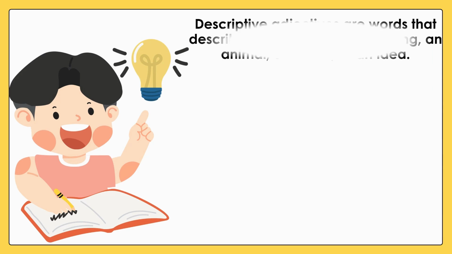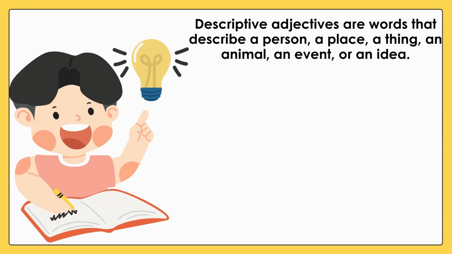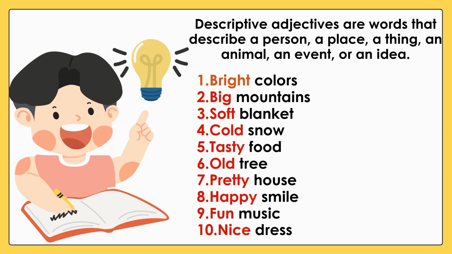Let us define descriptive adjectives. Descriptive adjectives are words that describe a person, a place, a thing, an animal, an event, or an idea. And here are the examples. Number 1, bright colors. Number 2, big mountains. Number 3, cold snow.